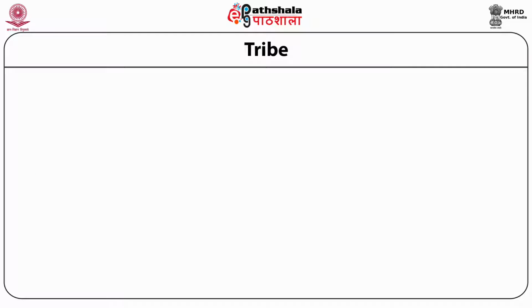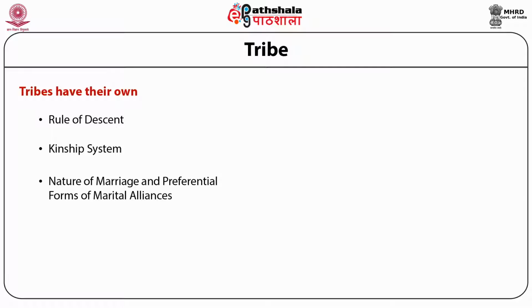And from an anthropological point of view, when we say that a tribe has its own culture and distinctive features, we can also further understand this social group through the rules of descent. How does one trace their genealogy, either through patrilineal or matrilineal descent? And how do they form their kinship system? What type of kinship system do they have? With this kinship system, how do they have marriage rules and regulations?